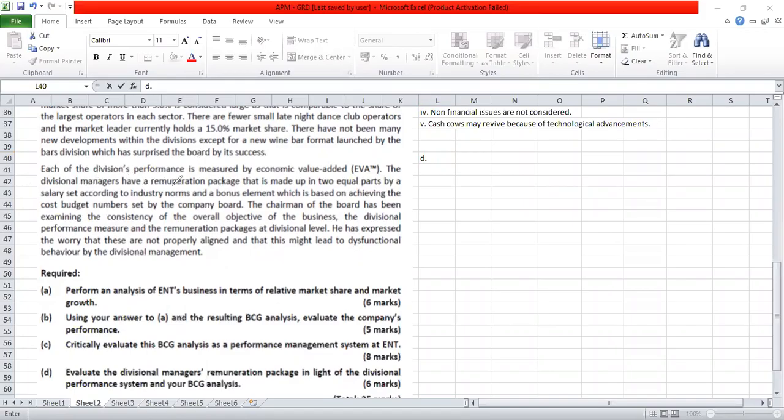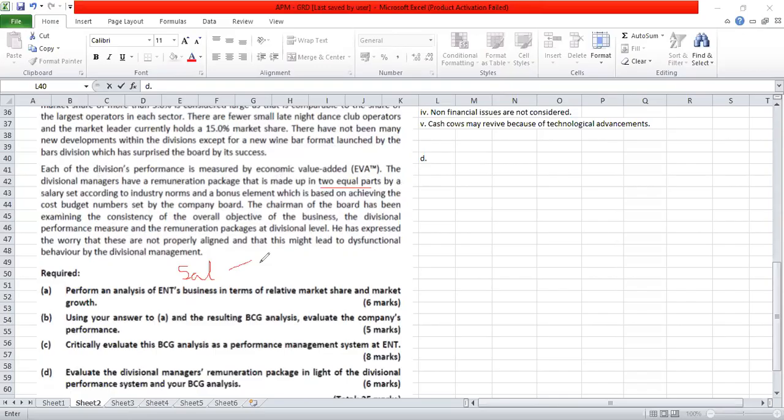The divisional managers have a remuneration package that is made up of two equal parts: a salary set according to industry norms and a bonus element.